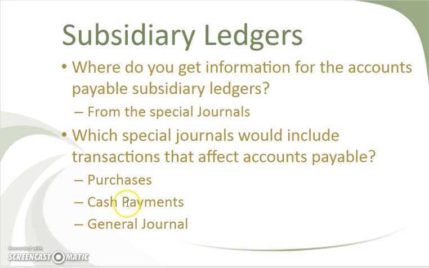So does the cash payments, and the general journal can. But you'll notice that the sales journal is not listed here and the cash receipts journal is not listed here. The reason is because those journals will never have a transaction that has anything to do with accounts payable. So when the accountant is recording an accounts payable subsidiary ledger, they don't even have to look at those journals because they know that there's no transactions that are related.